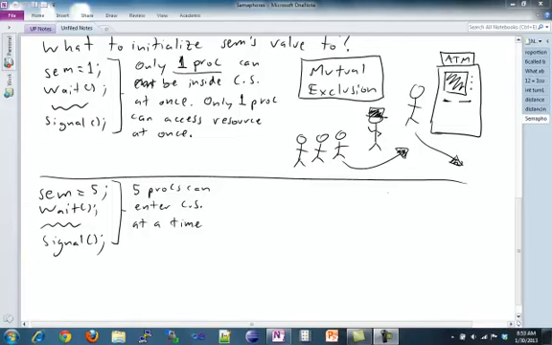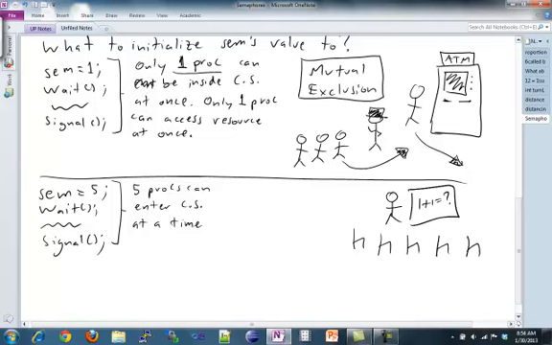Okay, so a very good example of this, and one that you are all really familiar with, is registering for classes. So you have a class, this is a professor, and let's assume this class is really small, so you have 5 seats. Then you can have at most 5 students here.